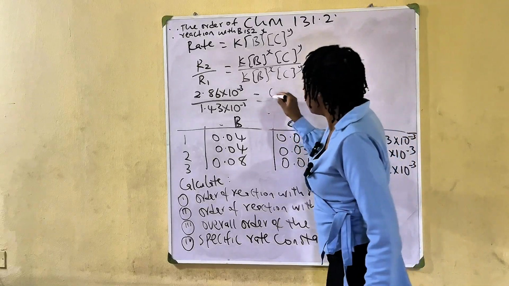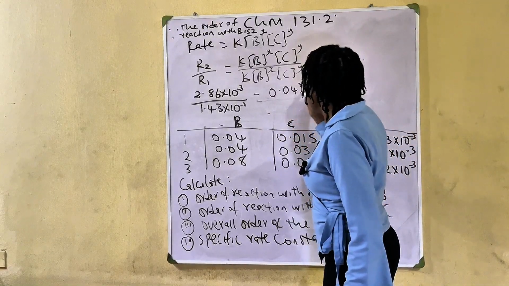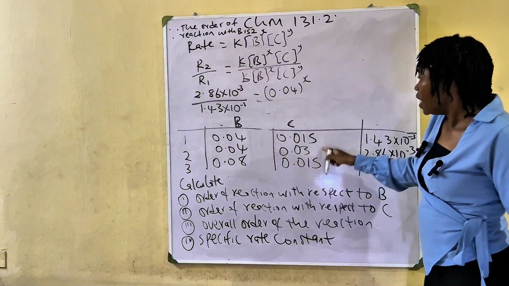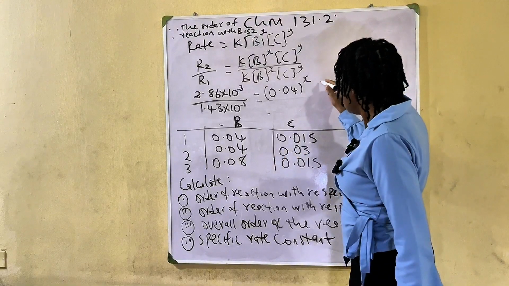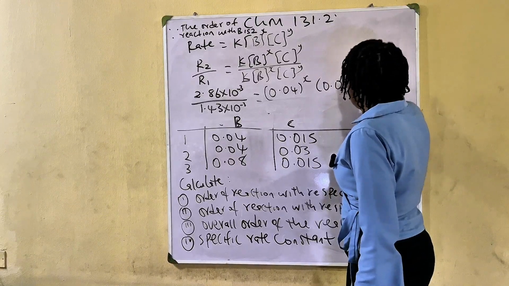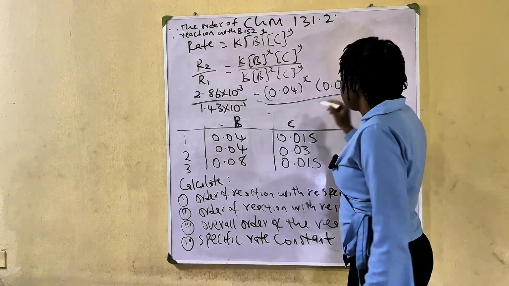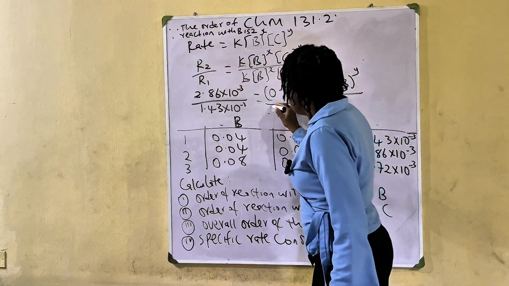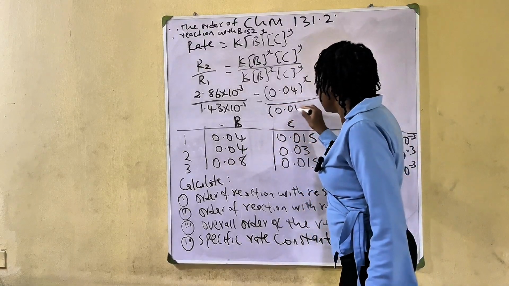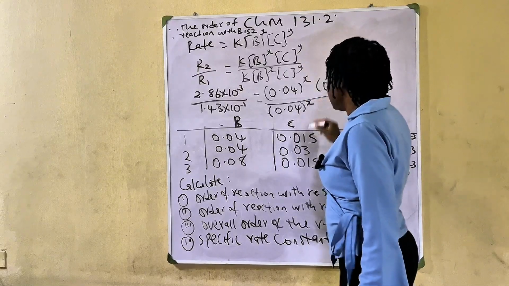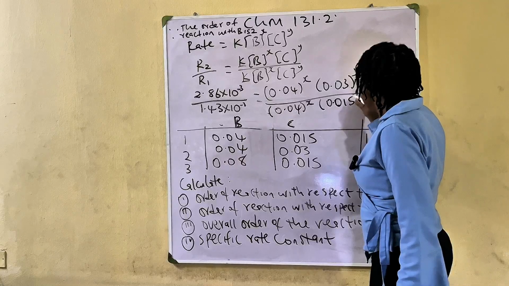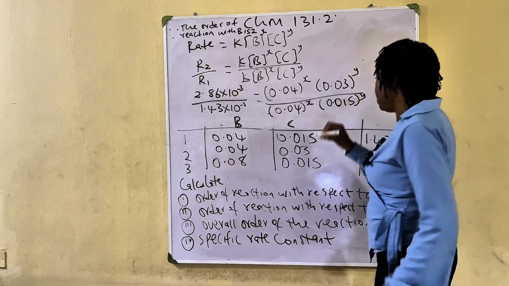It is 0.04, so 0.04 raised to the power x. The one for C in experiment 2 is 0.03 raised to the power y. And for experiment 1, B is 0.04 raised to the power x and C is 0.015 raised to the power y.